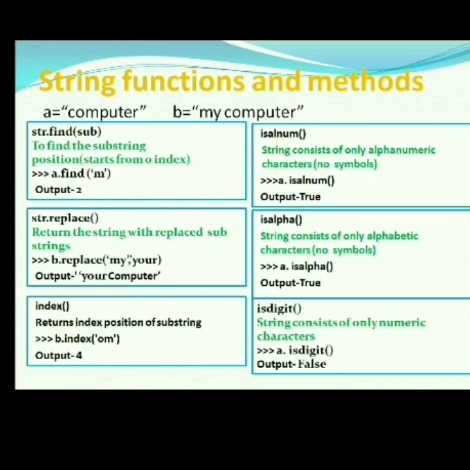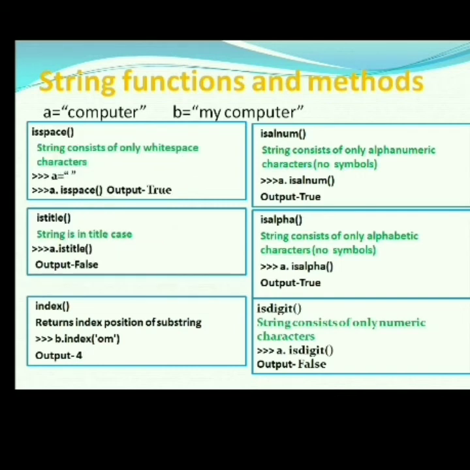Here b.index('om') will return 4. If the substring is not found, we will get a ValueError: substring not found. The isalnum method checks only alphanumeric characters and will return true if only alphanumeric characters are there. In this case, a.isalnum() will return true.